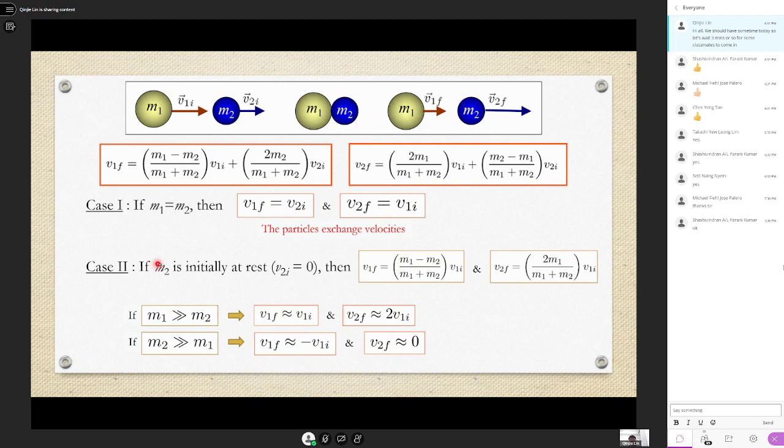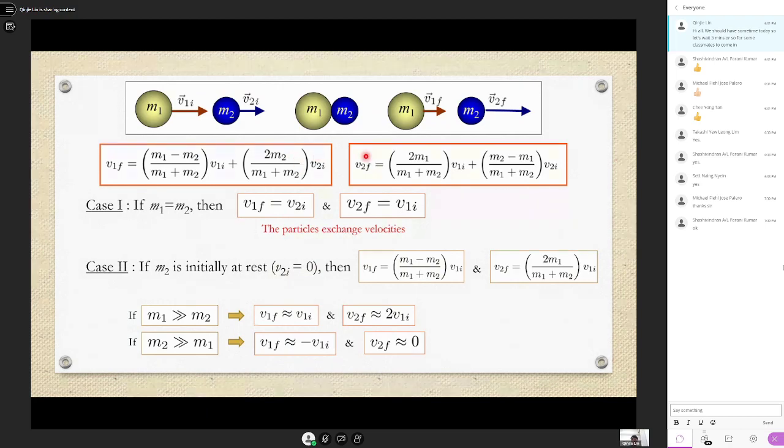Case two: if M2 is initially at rest, that means M2 is not moving. Now M1 is coming to collide into M2, which is not moving. So we substitute V2I as 0 into the equations at the top.